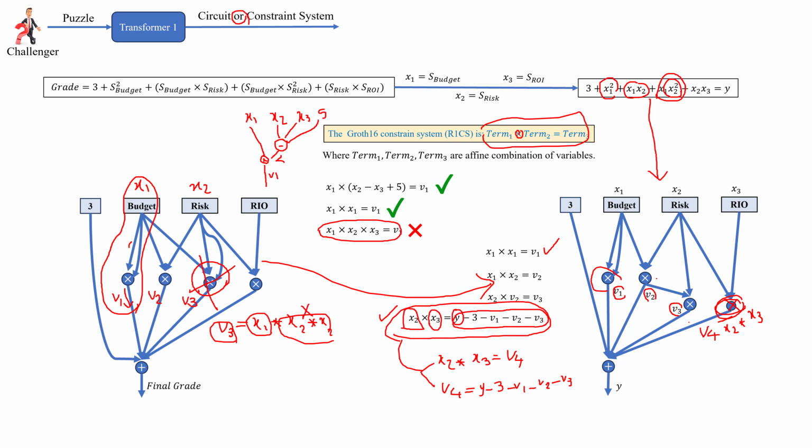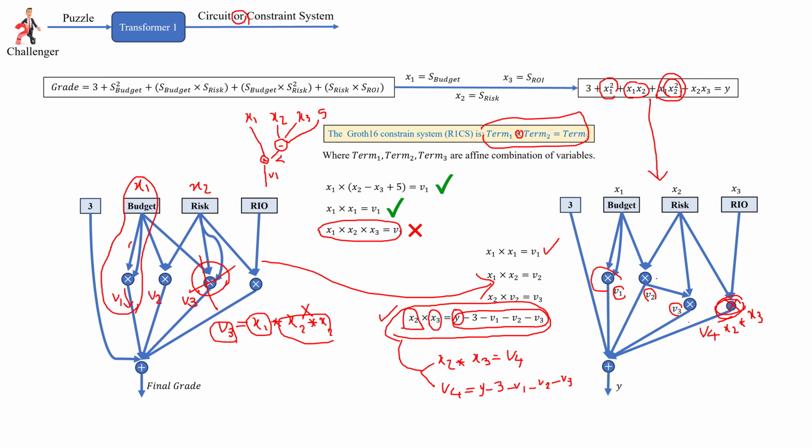So why are 4 gates or 4 constraints better than 5 gates? Later you will see that the more gates in your circuit, the more complex your computation. This means that if you want to write an efficient code or efficient circuit, it's better to try to keep the number of gates smaller.